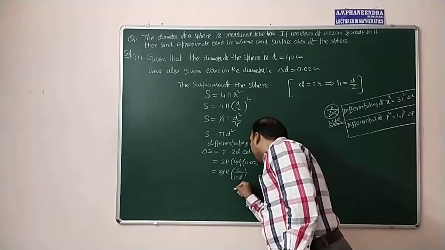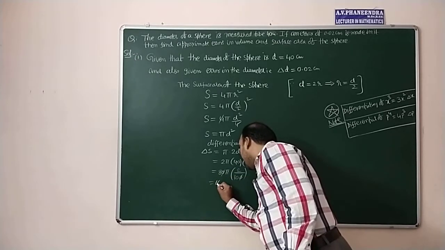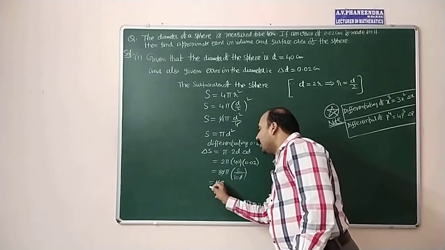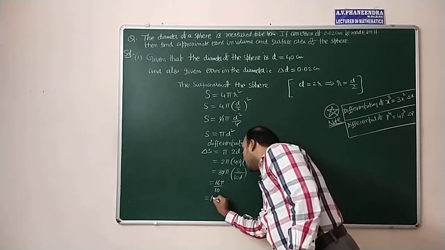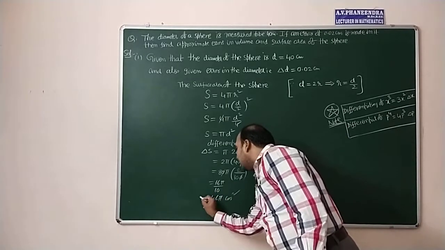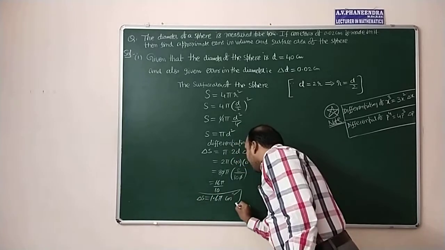So one of the 0 will be cancelled. So 16 pi divided by 10. Divided by 10 means if you put one decimal here, it will become 1.6 pi centimeter square, because delta S is surface area.